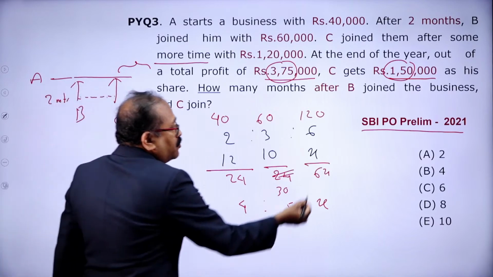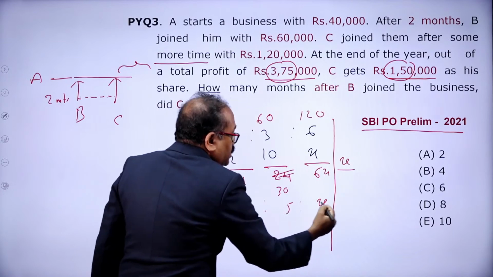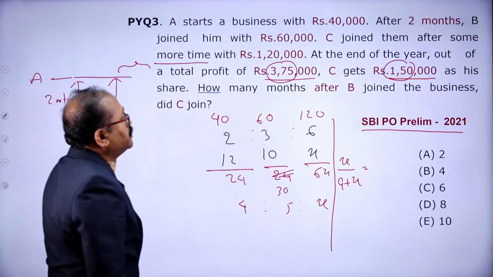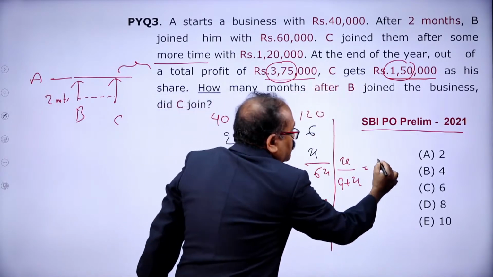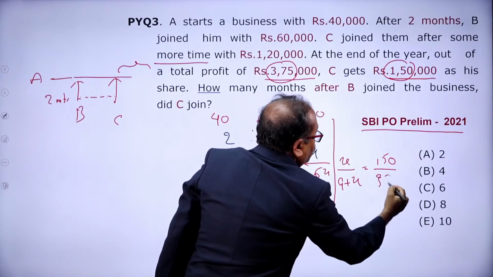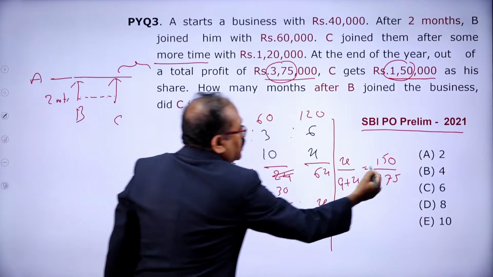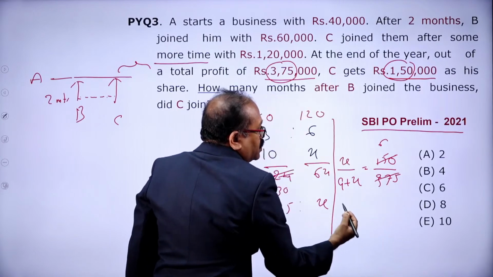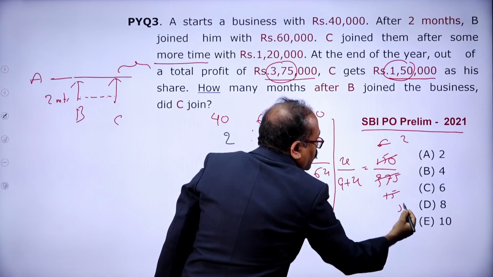Now given to us is x by 9 plus x, which is equal to, Anusha, how much is that? 150 by 375. Now we notice that this number is getting cancelled with 6 times, and that's 4, 3, 12 and 15 times. With 3 this is 2 times. With 3 this is 5 times.